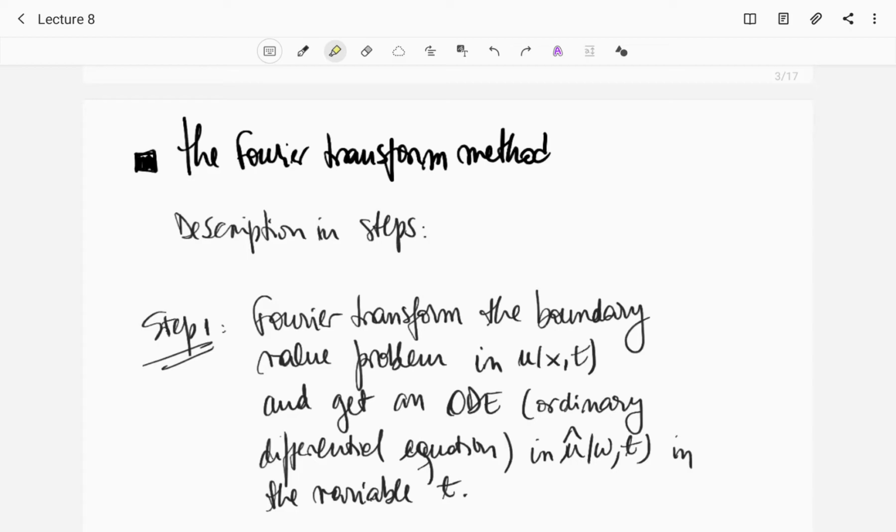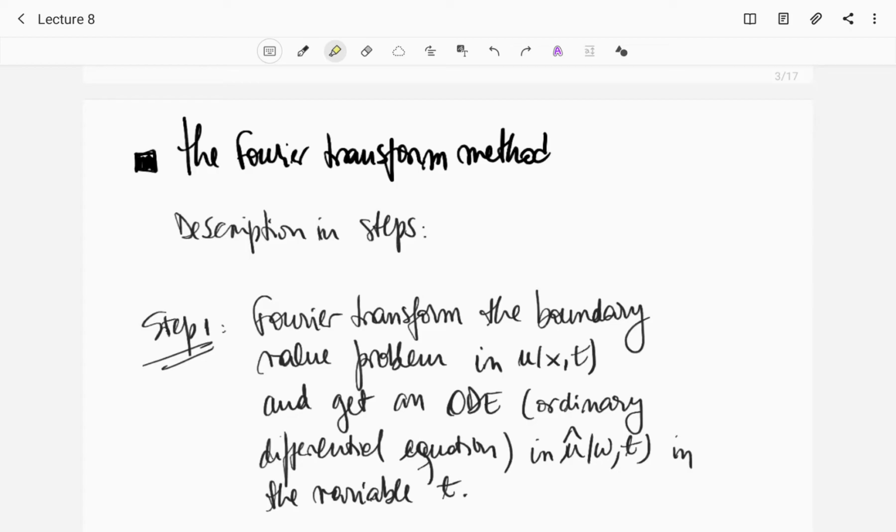So step 1, we already commented last lecture, the steps will be something like: first I Fourier transform the problem, and we will see what that means. Second step, after step 1, we are supposed to have an easier equation. So we solve that easier equation. That's step 2, solving the easier equation that we got from step 1.